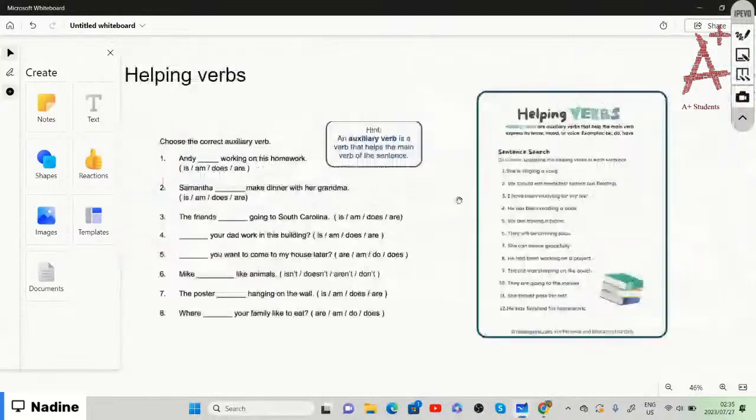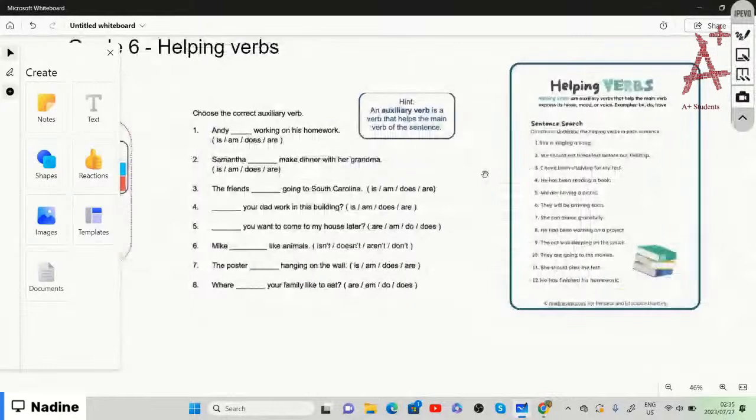And remember we said an auxiliary verb is a verb that helps the main verb of the sentence. So auxiliary verbs are also helping verbs, and the helping verb comes before the main verb, right?